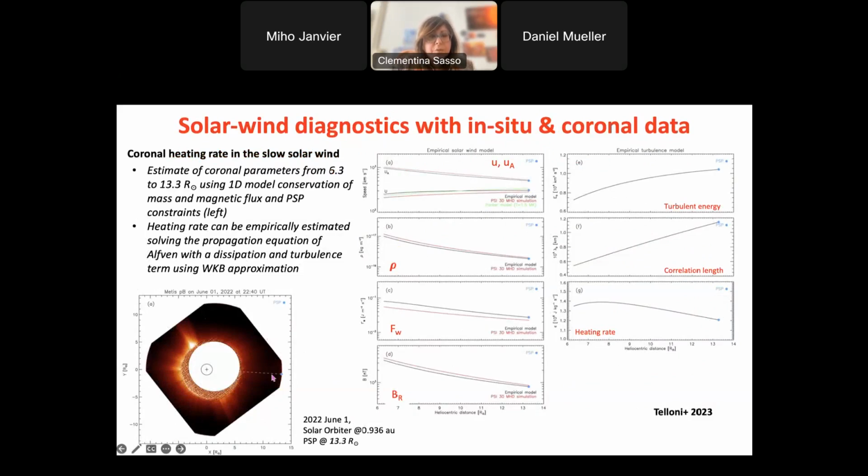Here is the configuration: this is an observation from Metis on the 1st of June 2022, and here is where the two spacecraft were, in particular where Parker Solar Probe was.